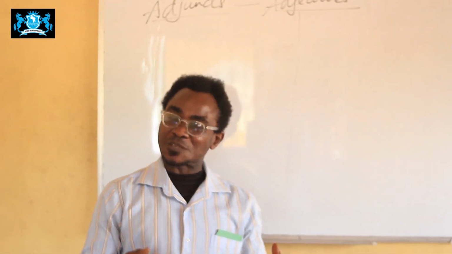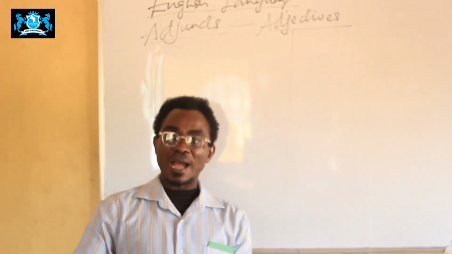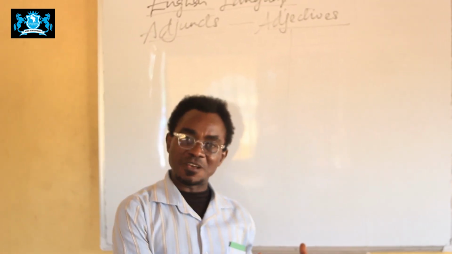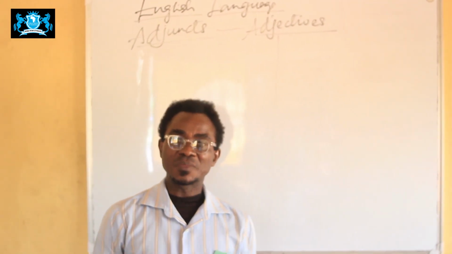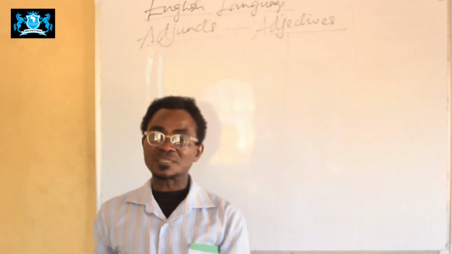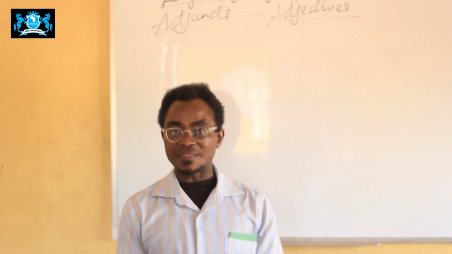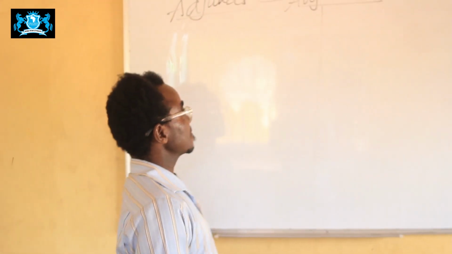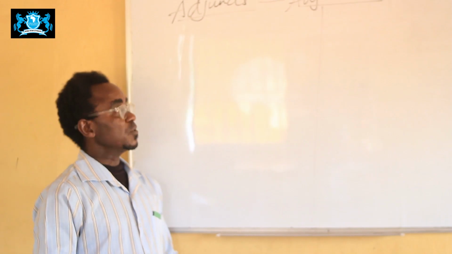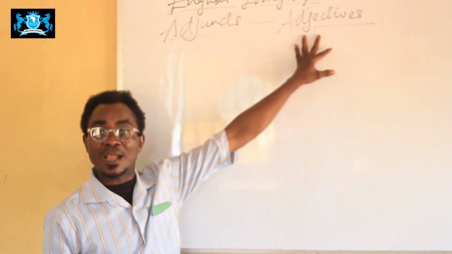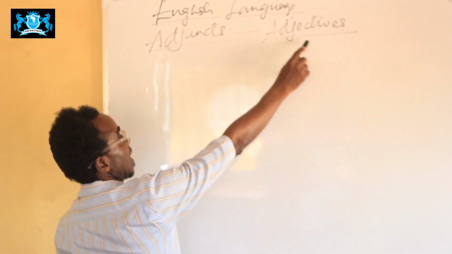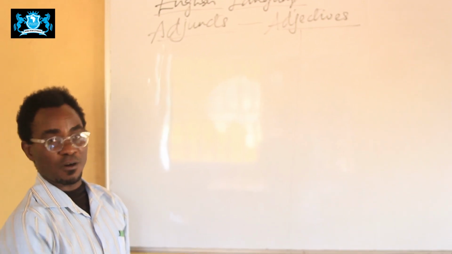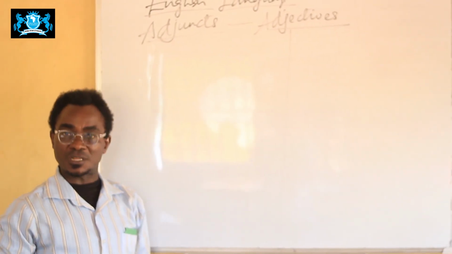When we talk about adjuncts, we are referring specifically to adjectival words and adverbial words, including all adverbs and all adjectives, clauses that function as adjectives, and phrases that function either as adjectives or as adverbs. So in today's discussion, we'll be taking a brief, cursory look at the class of words that we refer to as adjectives. Adjectives are therefore one of the adjuncts in the English language.